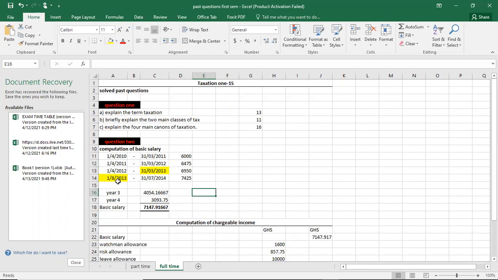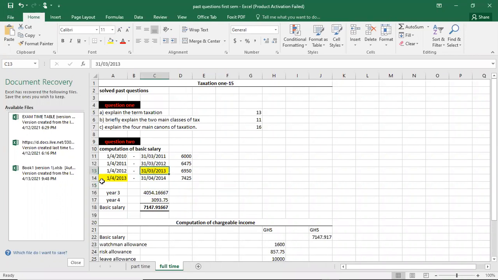Then in the final year, immediately after 2014, we stopped because we have to solve it for 2013. So 1st April 2013 to 31st March 2014, he is entitled to 7,425.